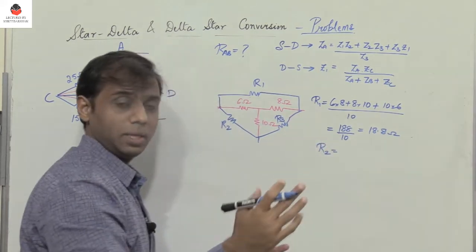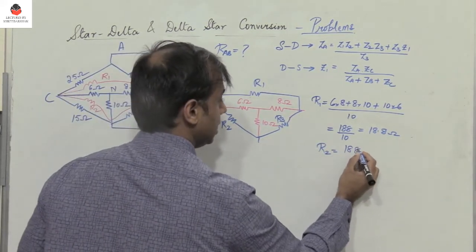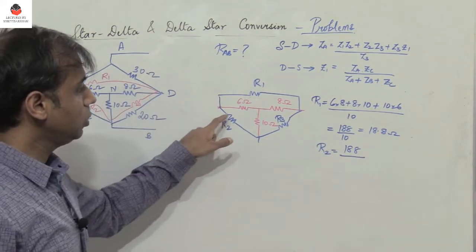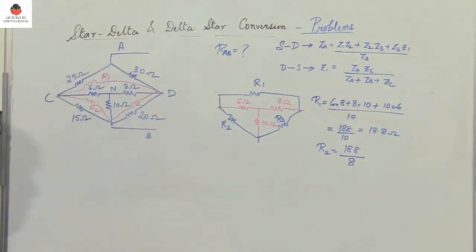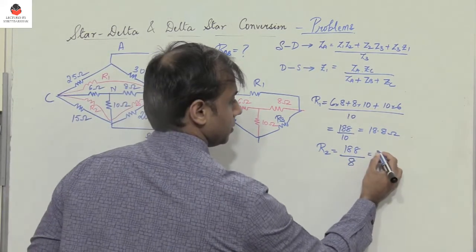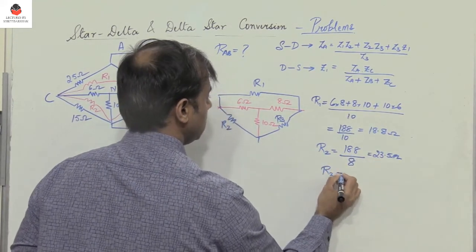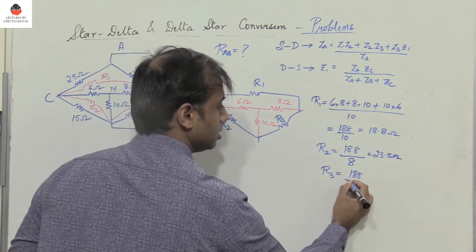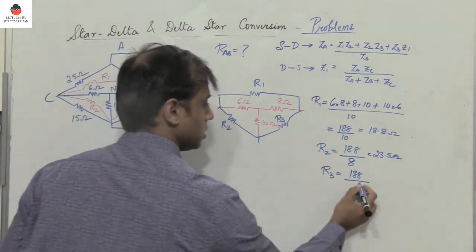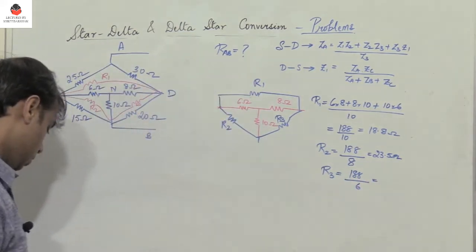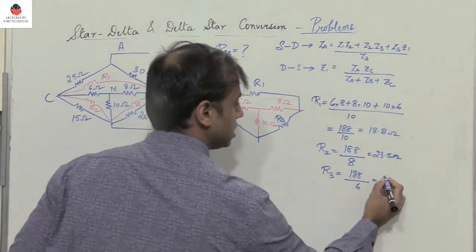R2, the numerator remains the same, so it is 188 divided by the value opposite to R2, which is 8. So 188 by 8, we get the value as 23.5. R3 is again 188 divided by the value opposite to R3, which is 6. And if we calculate, we get the value as 31.33.